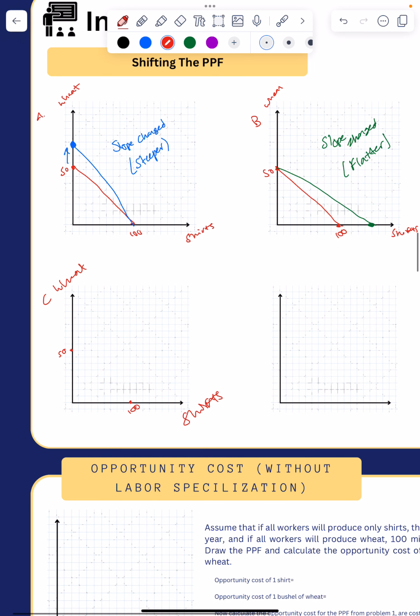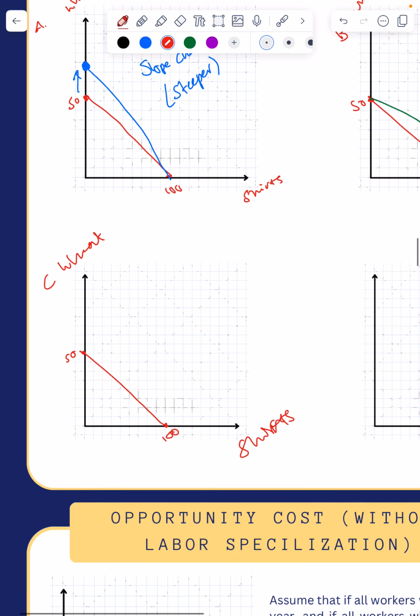So we have our basic line on the PPF, which is our base year scenario. And then if more workers increase, and they're not specialized in anything, they all have the same abilities, that means production in all categories will increase for the whole economy. So wheat production will increase, and so will shirt production.